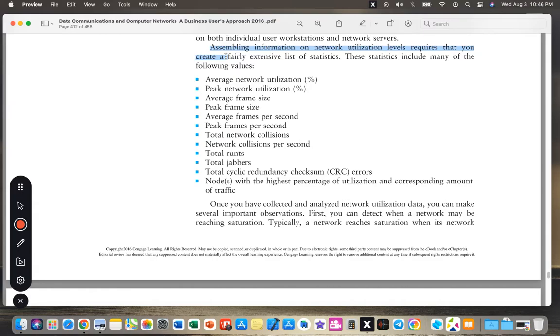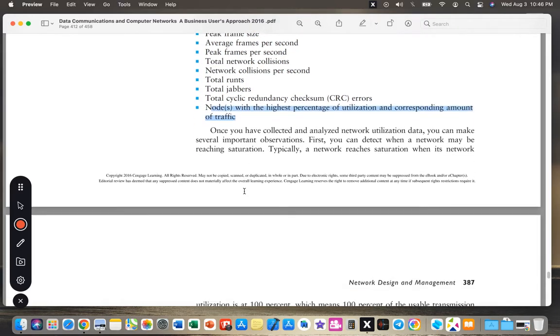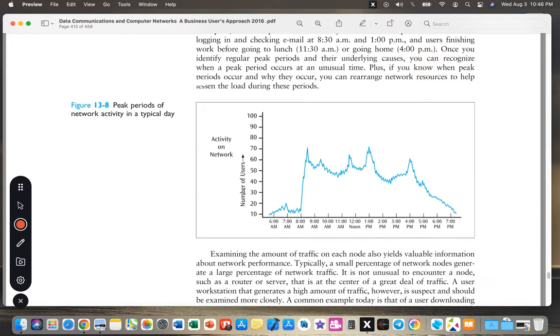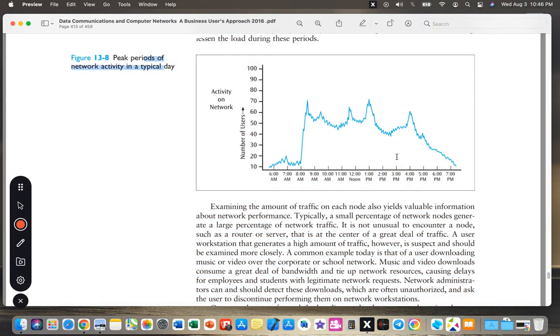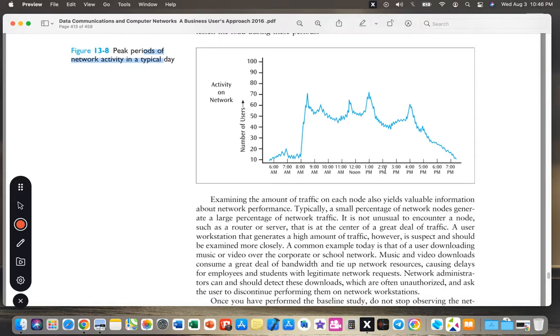These statistics include many of the following values: average network utilization, peak network utilization, average frame size, peak frame size, average frames per second, peak frames per second, total network collisions, network collisions per second, total runts, total jabbers, total cyclic redundancy check errors, nodes with the highest percentage of utilization and corresponding amount of traffic, peak periods of network activity in a typical day. All right.